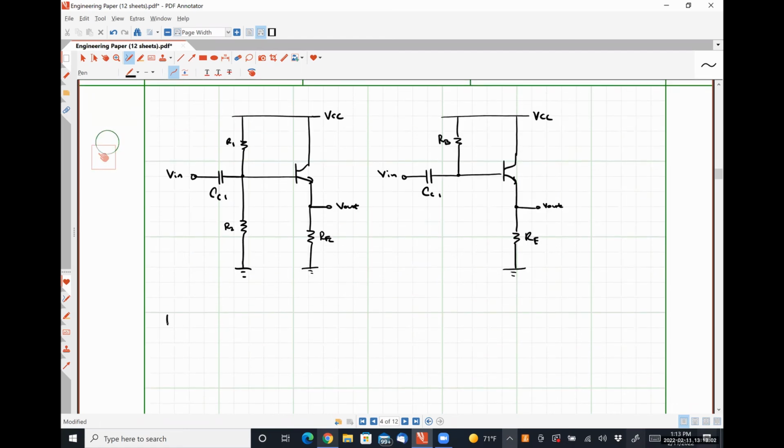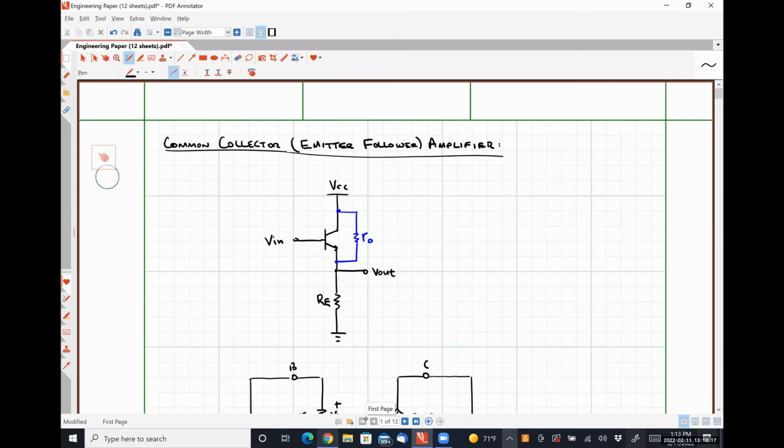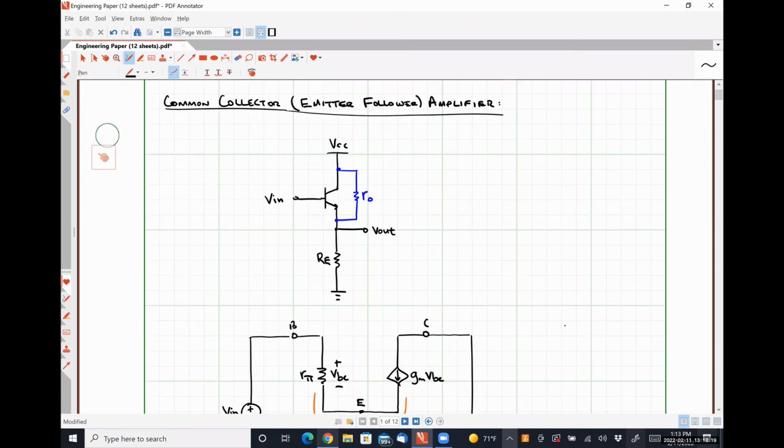Let's talk about Rin here. How is it different at AC than this guy? Right, so the R1 and R2 would be between the input terminal and ground.